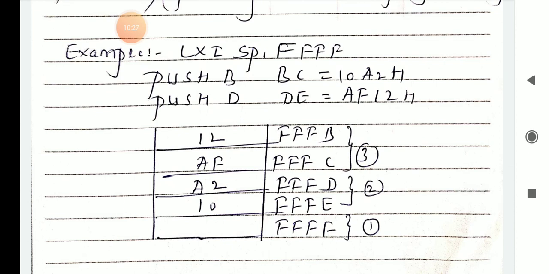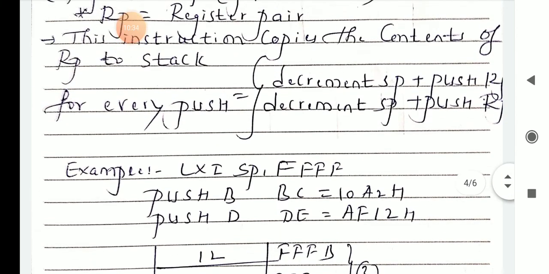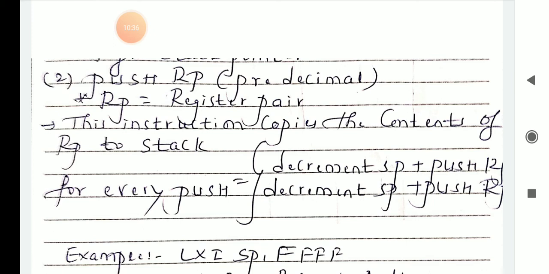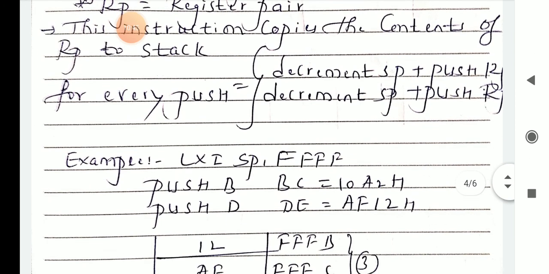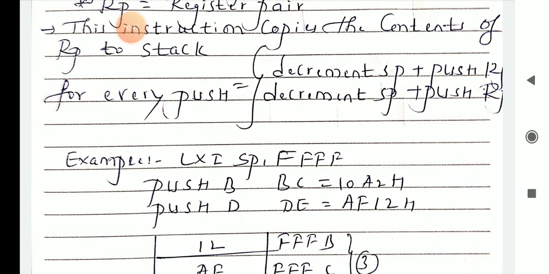Then again you decrement the stack pointer, FFFB. Then you write the value of the low bit, that is 12. So like this, stack operation is performed using PUSH RP, that is pre-decrement. First you decrement the stack pointer, then write the push operation to the memory location with respect to high bit as well as low bit using RH and RL.